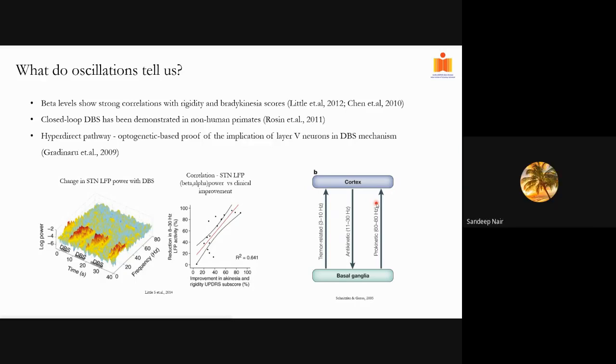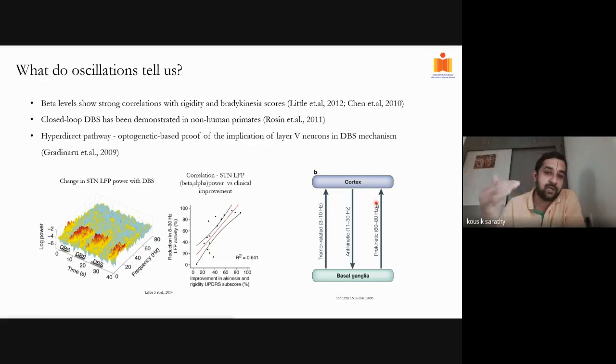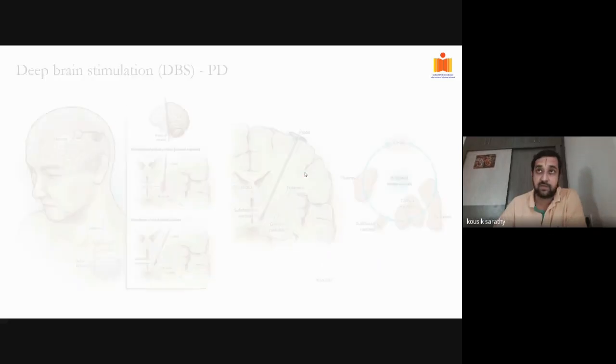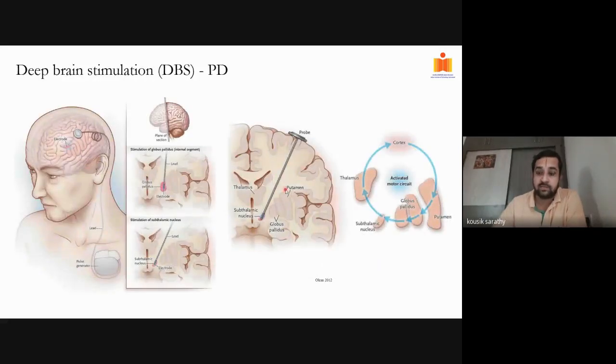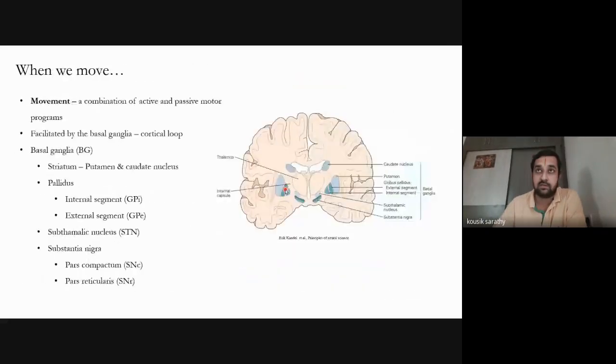Typically the titration is done by looking at the motor symptom alleviation, but at the same time, the patients can also feel certain side effects. If I can just pull up, you can see that you put it somewhere here, and right in the middle is the internal capsule.